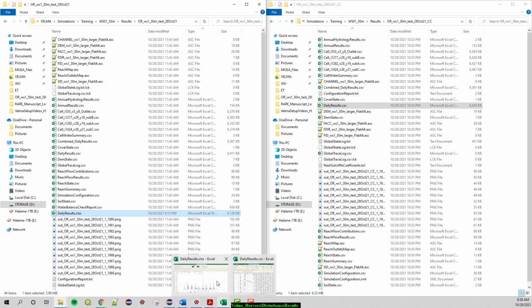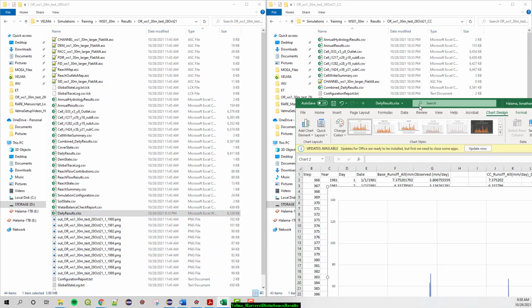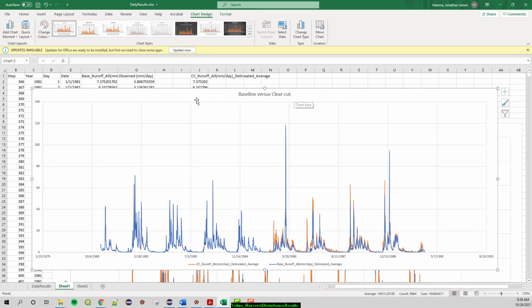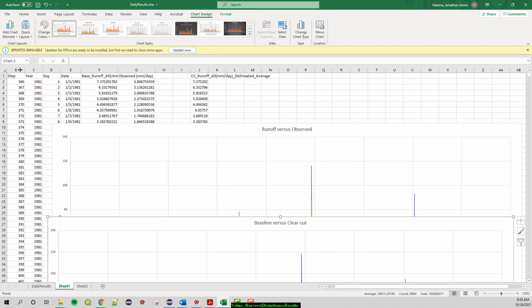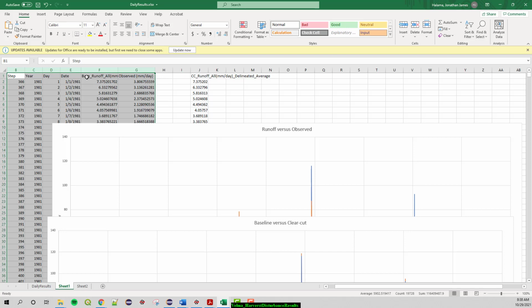And what ends up happening is we get this. And so again here, these were my work from before, and then I added in the flow for the clear cut, removing all of the data from the year 1980 before I put it onto this sheet.